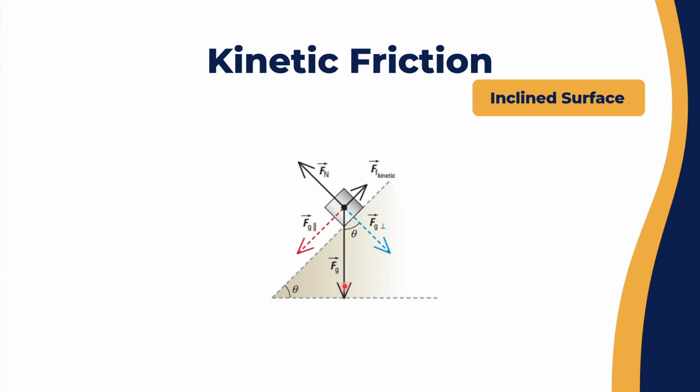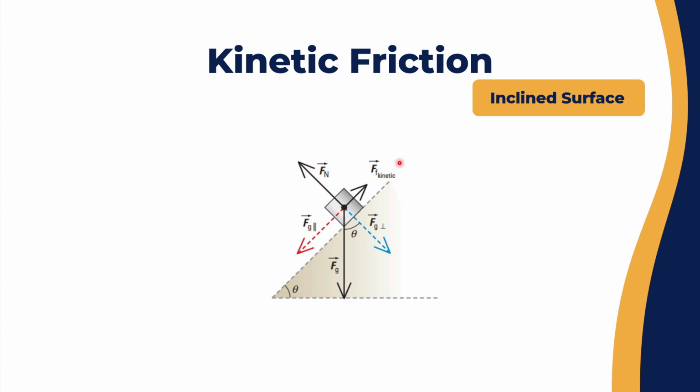And here the gravitational force has an angle of theta. We said that instead of using the Cartesian axes, to make life simple, any force parallel to the inclined surface is a parallel force, and any force perpendicular is considered a perpendicular force.